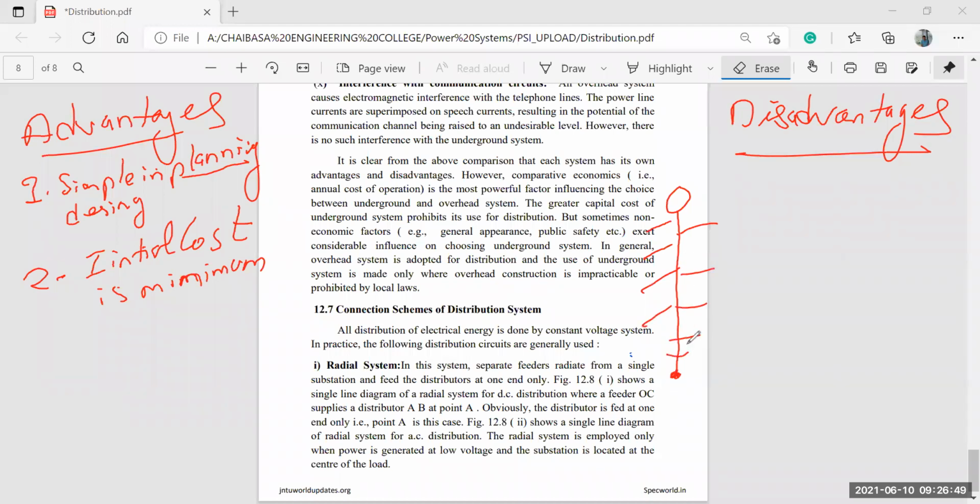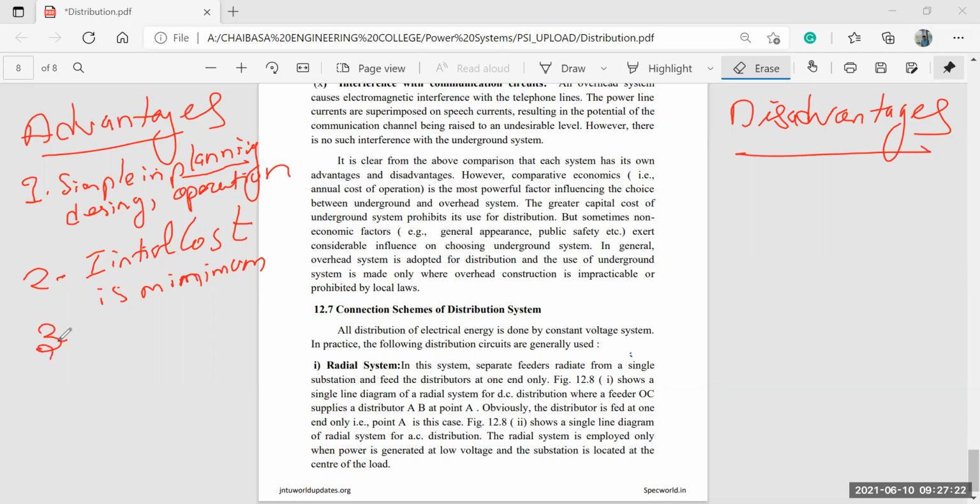This is very simple. Operation is also very easy: if a fault occurs in any particular segment, the entire unit is isolated. We don't have to worry; if anything happens, we isolate the entire segment. Operation is also easy, right?